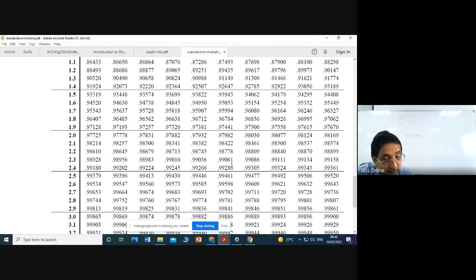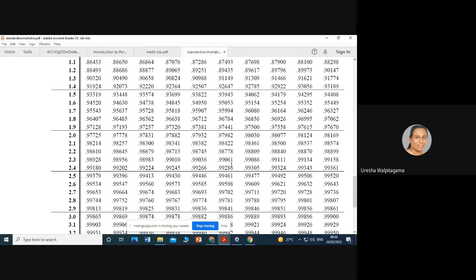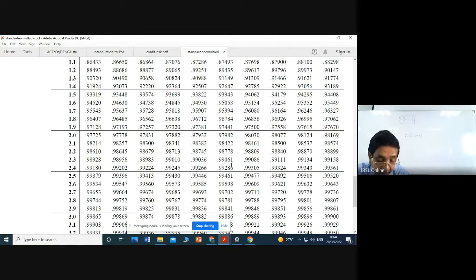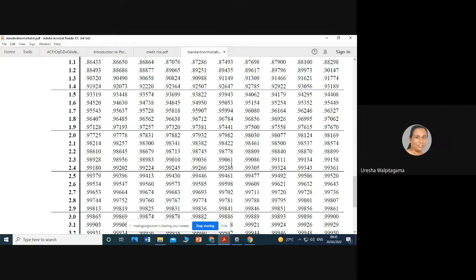Now, why do I say that? Because this 0.00025 represents a 0.10 difference.